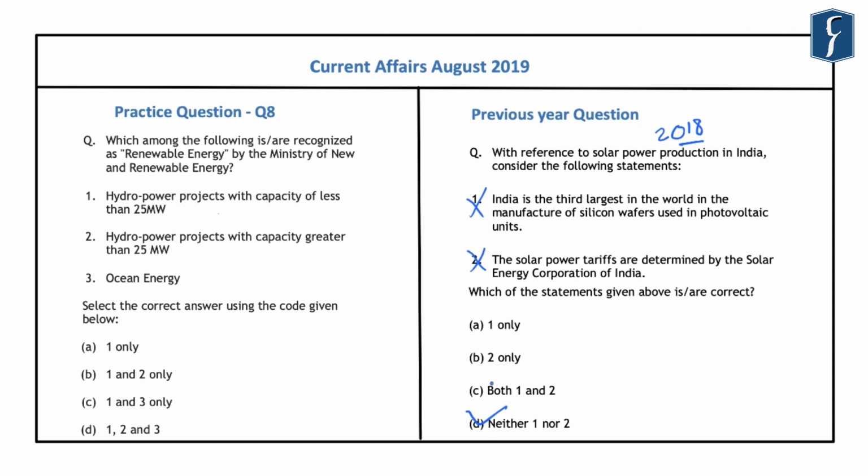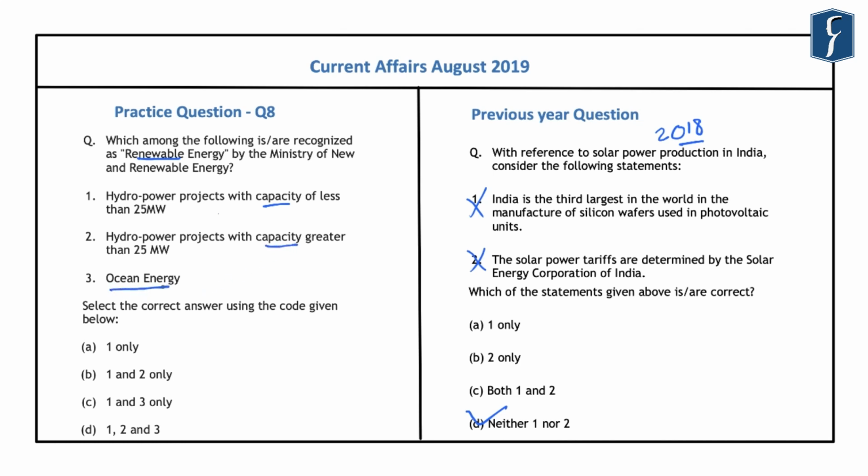Accordingly, the Ministry of New and Renewable Energy has clarified that ocean energy shall be considered as renewable energy. So in this regard, this question reads, which of the following is or are recognized as renewable energy by the Ministry of New and Renewable Energy? First is hydropower projects with capacity of less than 25 megawatts, second is hydropower projects with capacity greater than 25 megawatts, and third is the ocean energy.